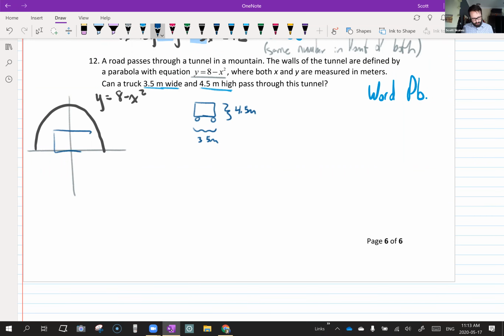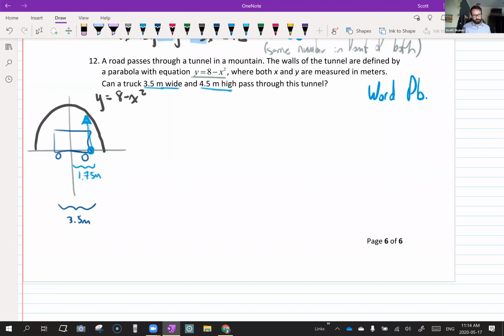If we drive straight down the center, what I really care about is this distance, half of that. Because if I have a point that far over, I can figure out what the height of the tunnel is at that point, and then I can figure out if the truck is going to be too big or not. So what is half of the width? Well, it's going to be 1.75. And that's the key to this problem.